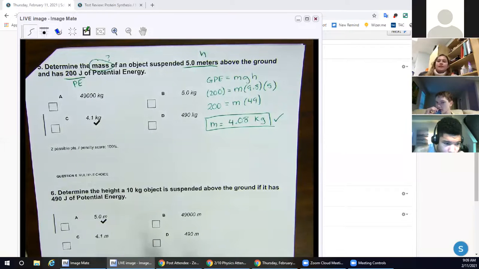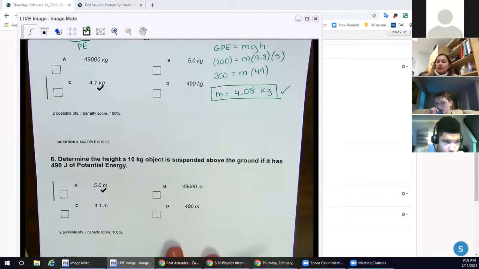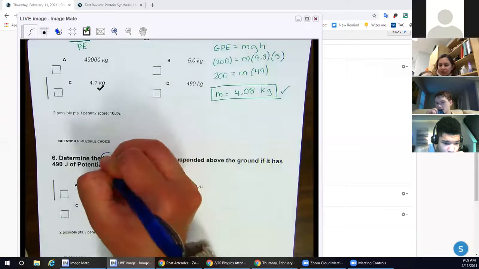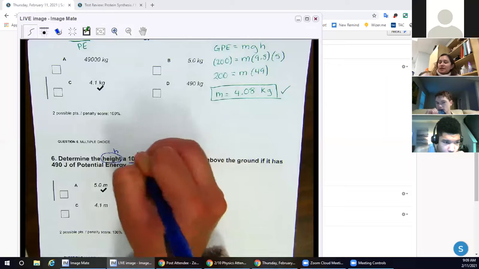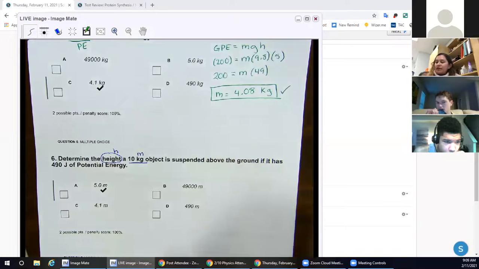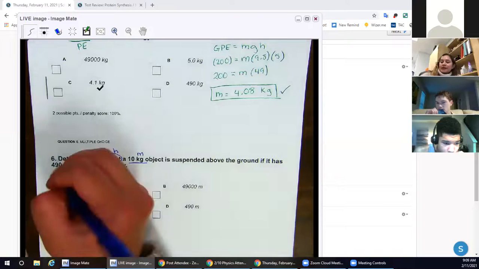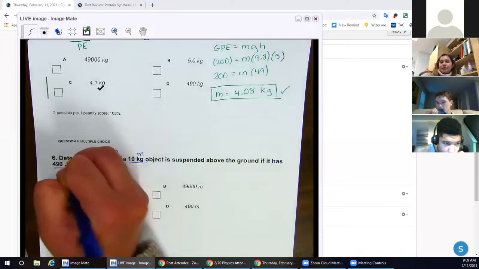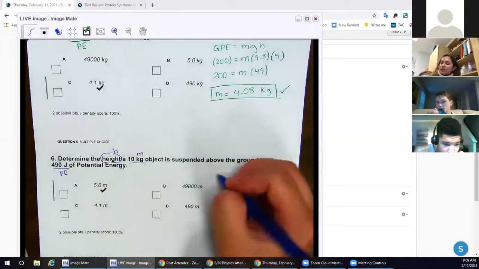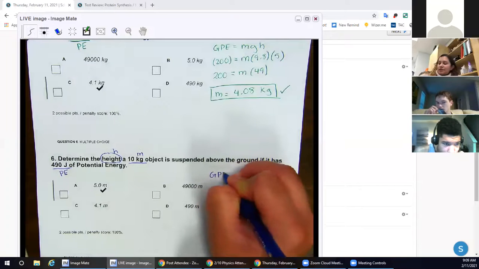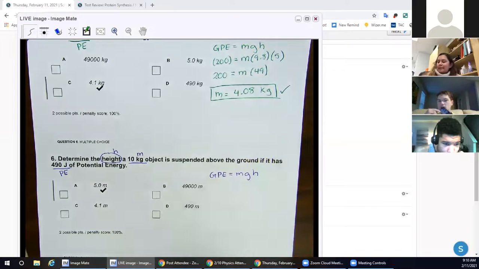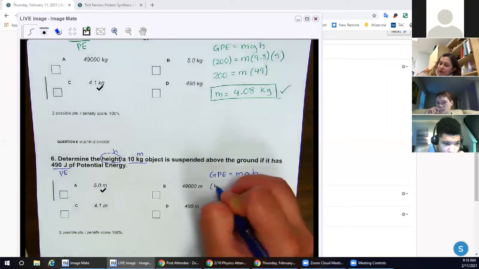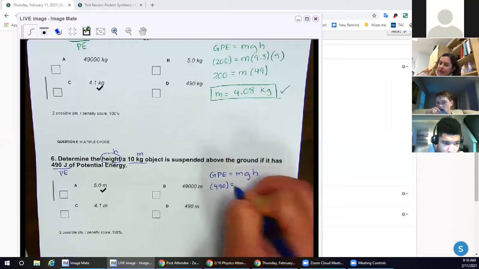All right, number 6. Determine the height. So we're looking for our height. A 10 kilogram object is suspended, so that's our mass, above the ground if it has 490 joules of potential energy. So we're looking for height this time. We're still going to use that same formula. Gravitational potential energy equals mass times gravity times height. GPE was 490. Mass was 10 kilograms.